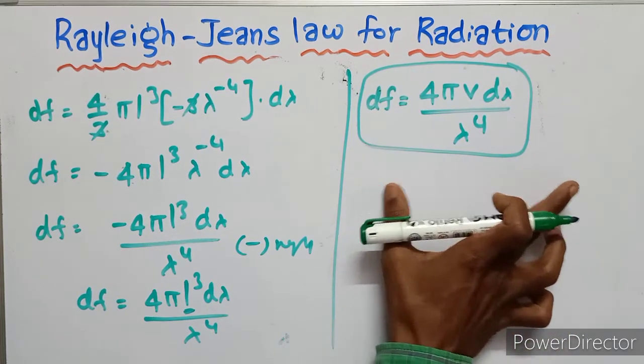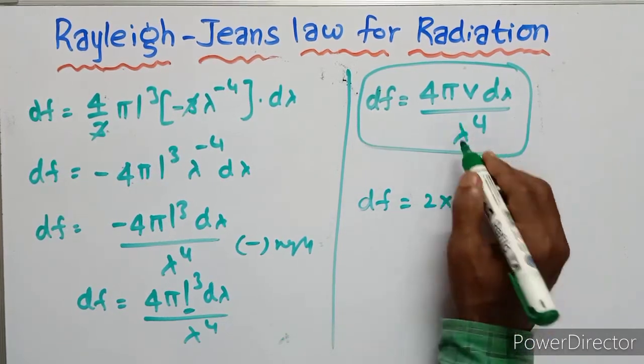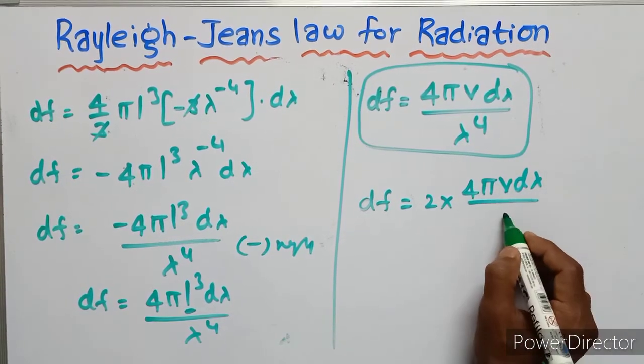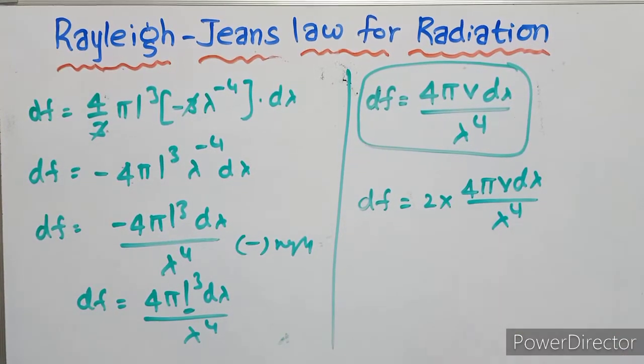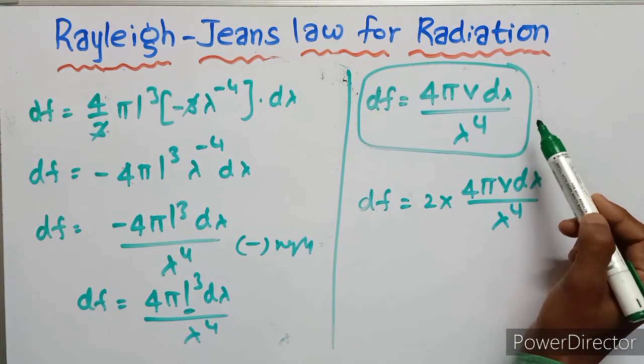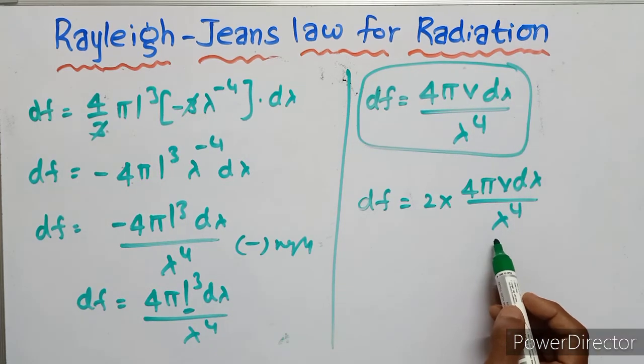So then dF equals 2 times 4 pi V d lambda upon lambda to the power of 4. So this is the number of vibrations in positions of lambda and d lambda.